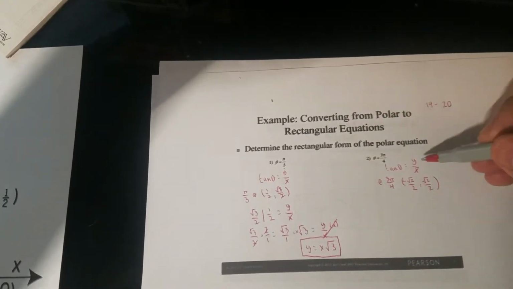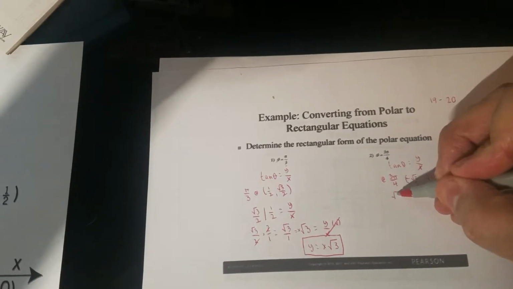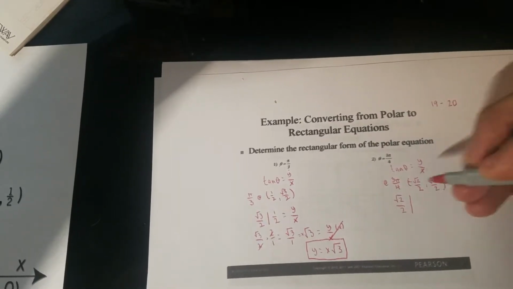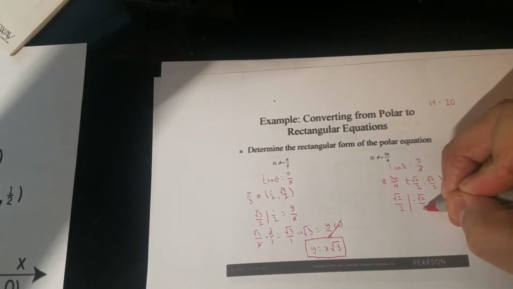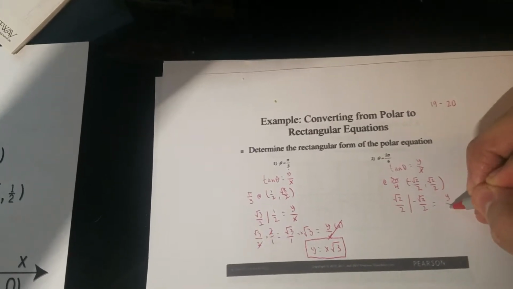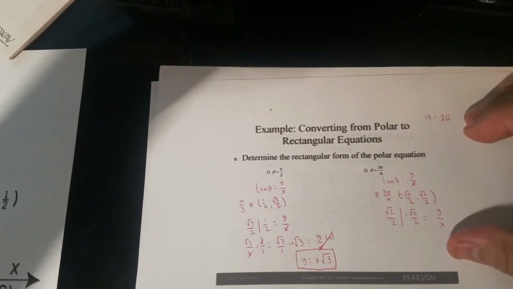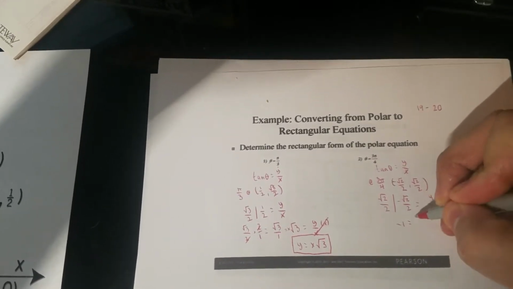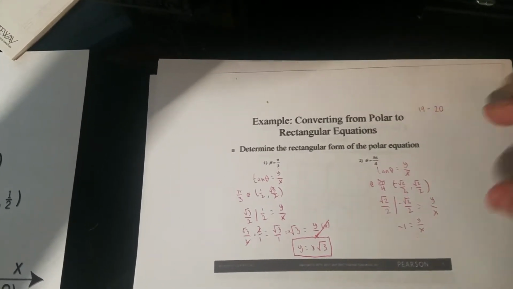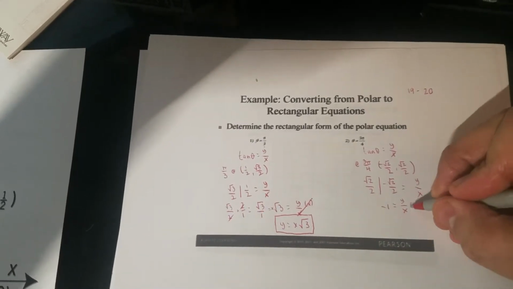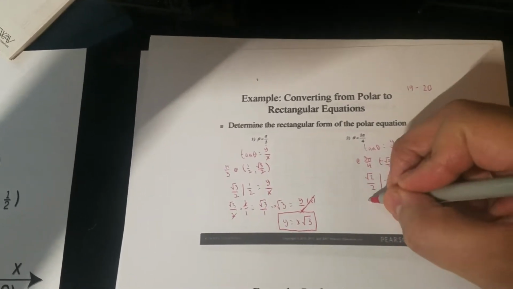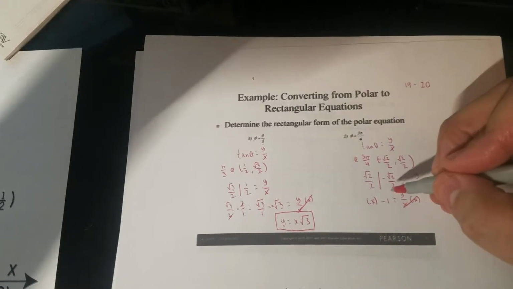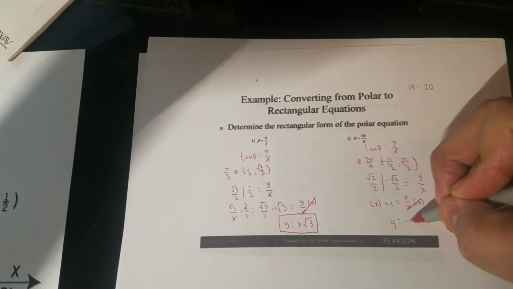Again, I want to divide the y by the x. So square root of 2 over 2 divided by negative square root of 2 over 2 equals y over x. This will equal negative 1. Again, I want the y by itself, so I multiply by x. So y equals negative x.